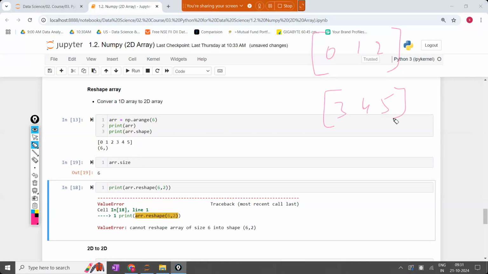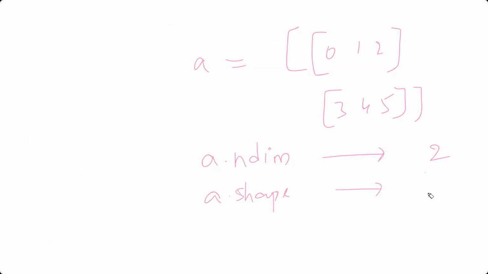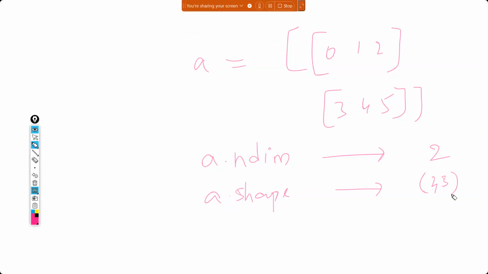Let us store this in A. A dot ndim gives the number of dimensions, which is 2. A dot shape will give you 2 rows with 3 columns, 2 comma 3.